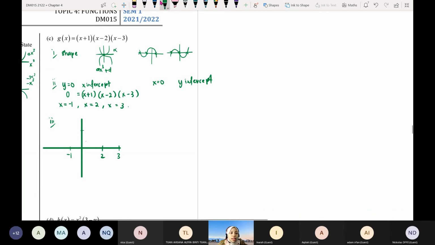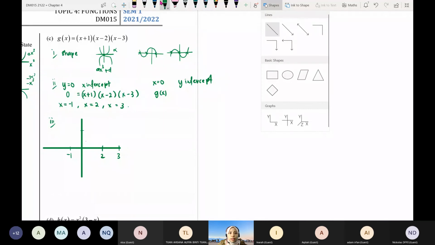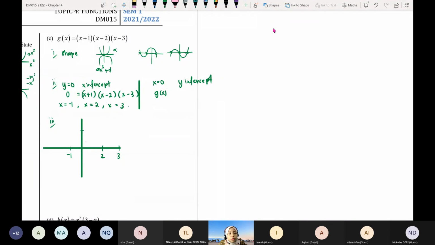Okey, so kalau X intercept jadi apa? Y intercept X equals to 0. So, kita kena carilah G(x). Okey, kita buat garis sikit membezakan. Nanti confuse.